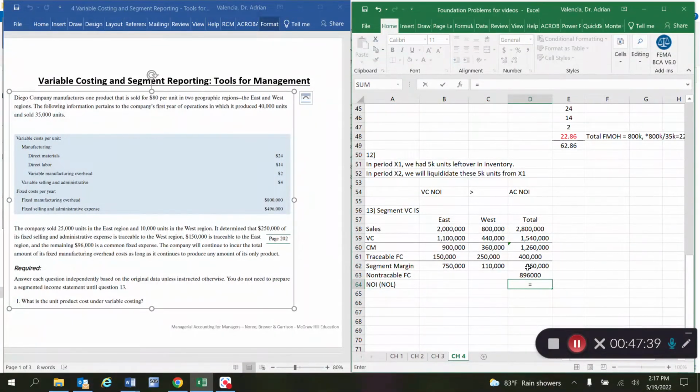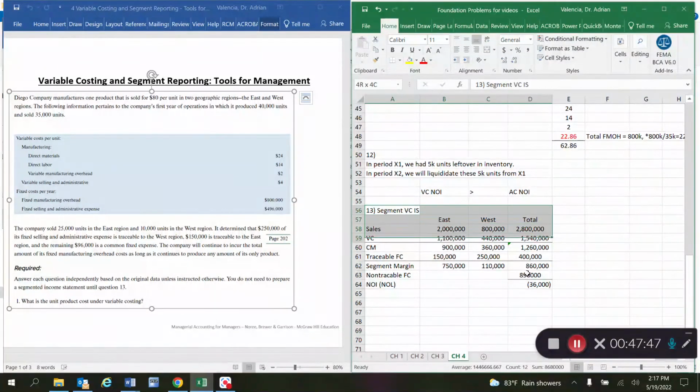And it should be a loss of 36,000. All we did was present things in a different way so that we can provide segment information. This gives us the margin based on traceable fixed costs for each segment, and whatever we can't trace, we just bulk up at the end as an overall number, like we did right here.